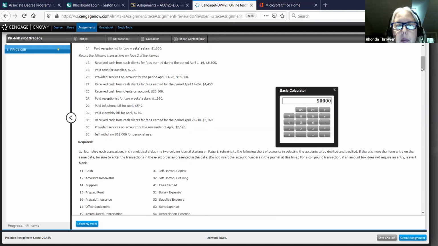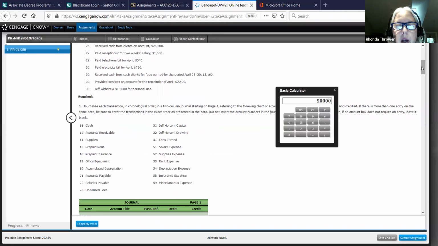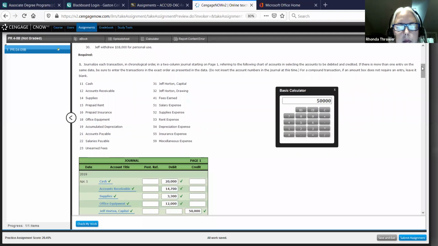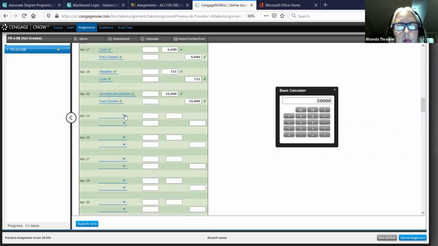So we're going to debit our cash for $4,450, and we're going to credit our fees earned for $4,450. And we're going to check our work.